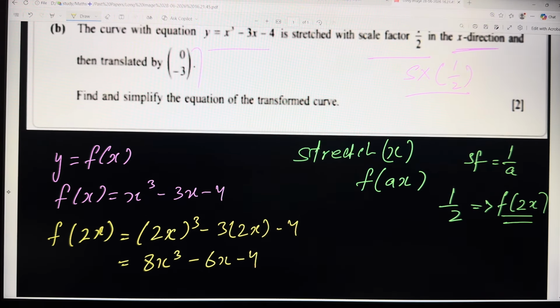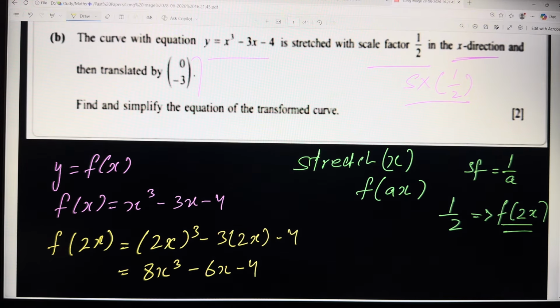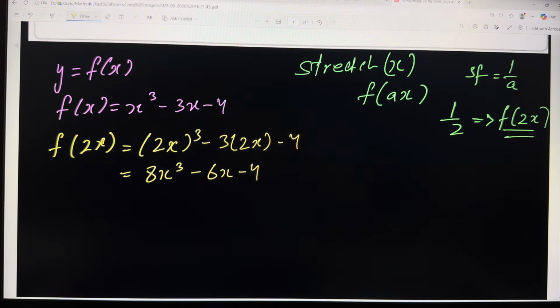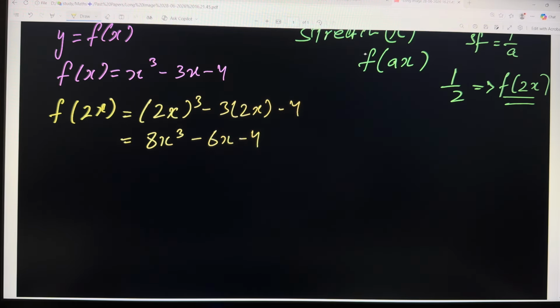Now we see that it is translated by (0, -3). So in the x direction it's nothing, and in the y direction it will move down 3 units. The y never lies. For example, f(x) plus b: the translation will be 0 because nothing's there, and b. So we'll just write the b after the function.